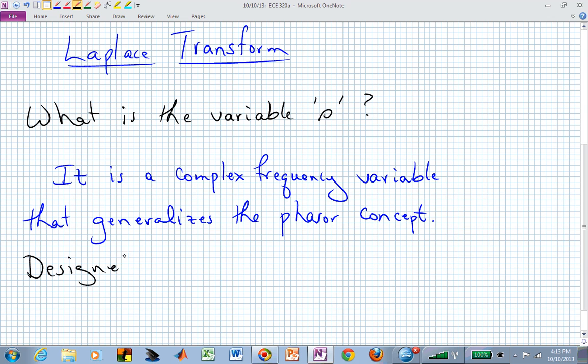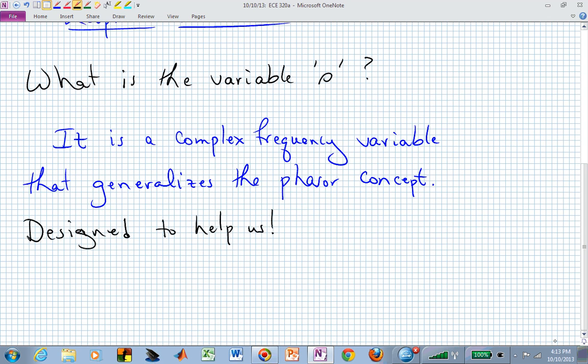Contrary to maybe what you are thinking now after having worked on your first homework assignment with Laplace transforms, the Laplace transform variable s, or this whole concept of the Laplace transform, is actually designed to help us. The reason it's designed to help us is it's trying to provide us with additional ways of thinking about the same topics, but now we can go into the frequency domain versus always living in the time domain.